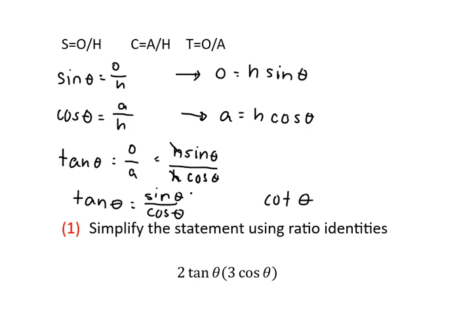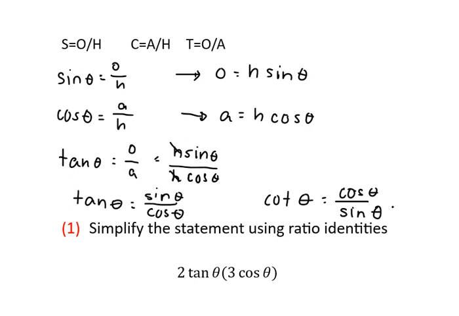Since cotangent is the reciprocal of tangent theta, this is equal to the reciprocal of sine over cosine, so that gives us cosine theta divided by sine theta. You may also check out my other video on reciprocal identities. I will include the link in the description below.